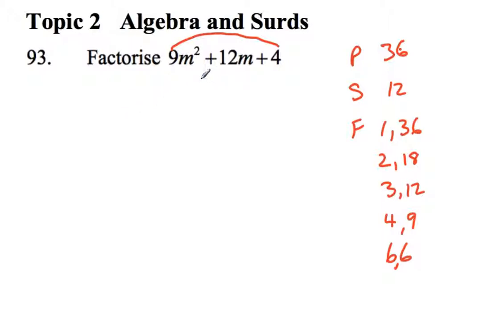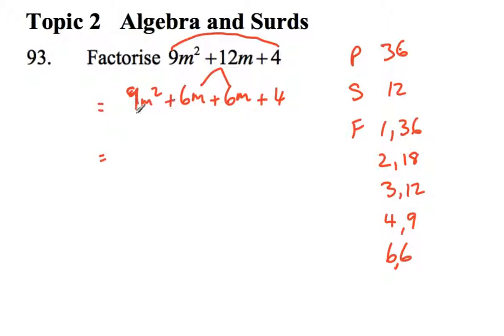So what we will have is we need to split this up, so we'll have 9m squared plus 6m plus another 6m plus 4. So we'll split the 12m up into 2, and let's factorize in pairs.